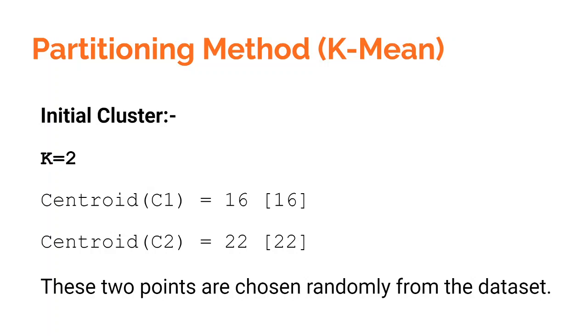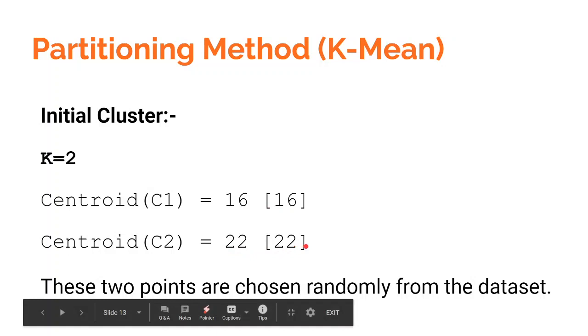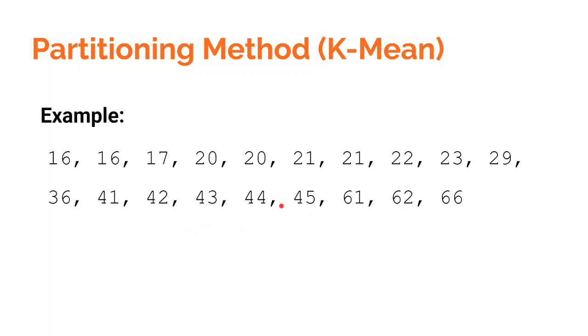And initially any random value I will pick up, which is considered as the centroid value, that is the mean value. So here I have picked 16 and 22. These are the 2 points that I have chosen randomly from the data set. You may pick any random values from the given data set.